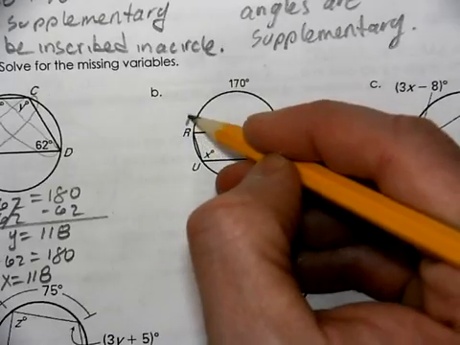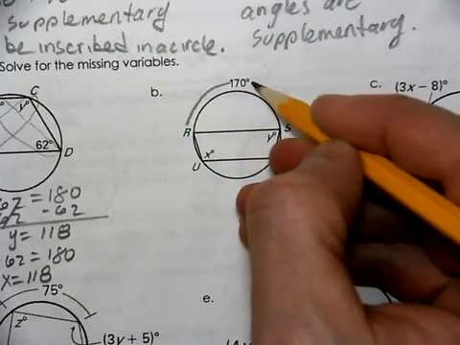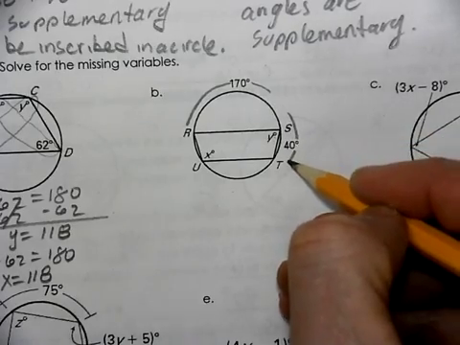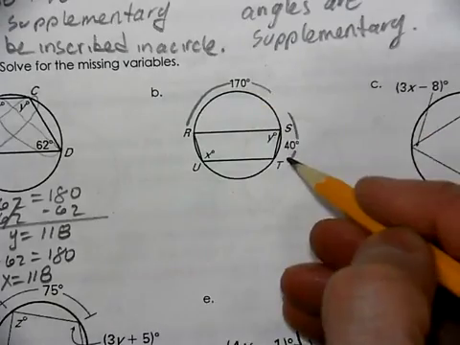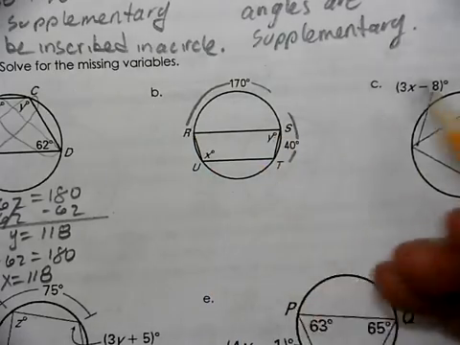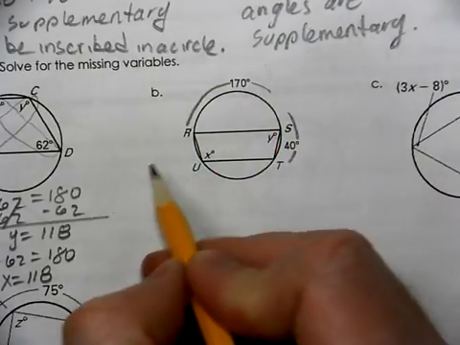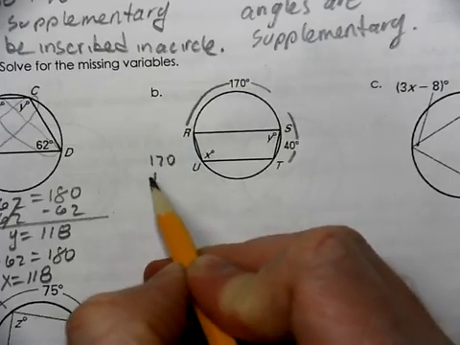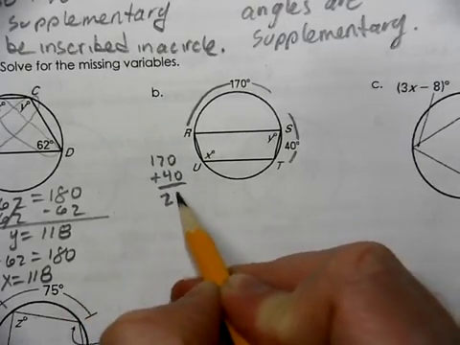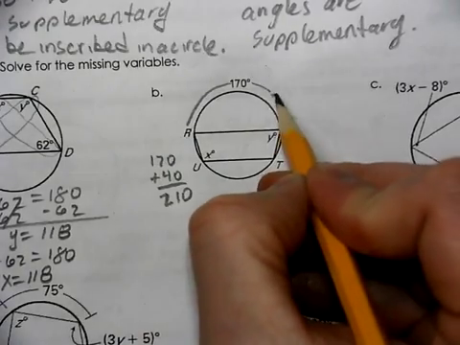Notice, if we take this arc, this is one of the ways we could do it. We take the arc from R all the way over to T, it would be called RST, and that's going to be 170 plus 40, which is 210.